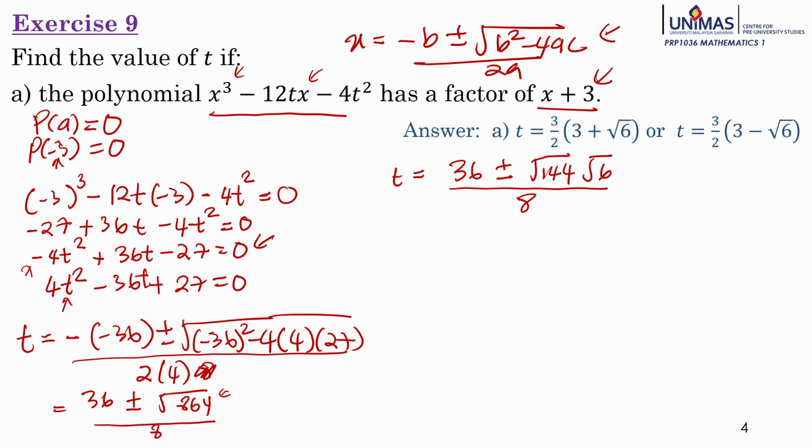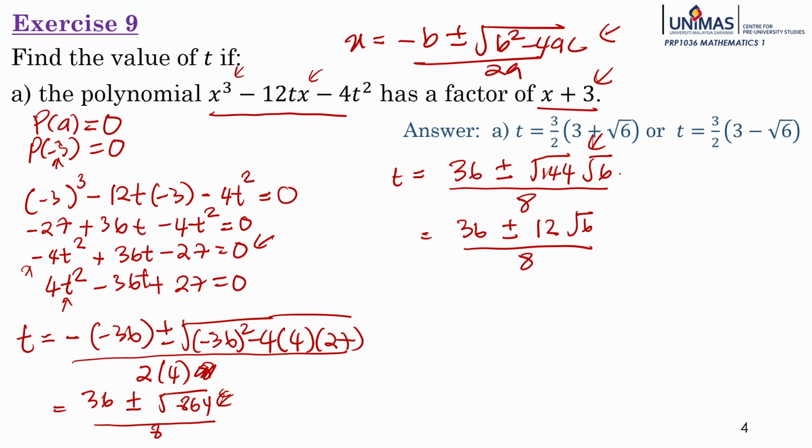Because we want to simplify, we have to find a value that we can square root to get a number. 144 times 6 gives 864. So we can simplify the square root of 144 as 12, times square root of 6, over 8.